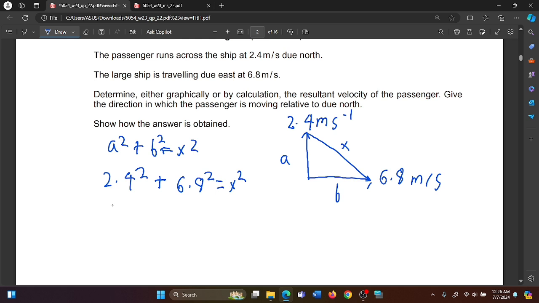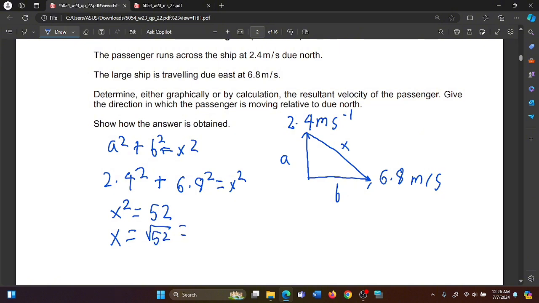So what is 2.4 squared plus 6.8 squared? It's 52. So x squared becomes 52, and then x would be root 52, that is 7.2.